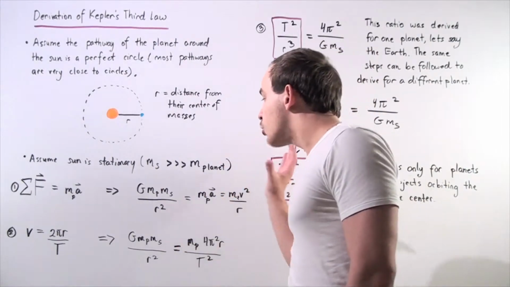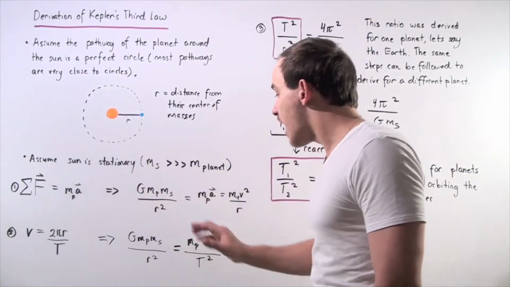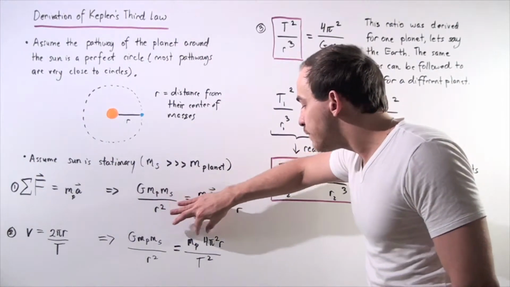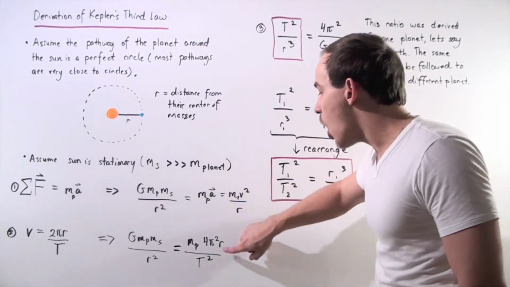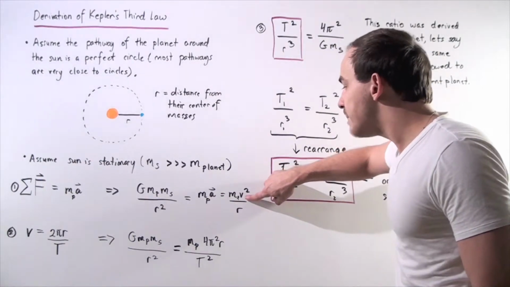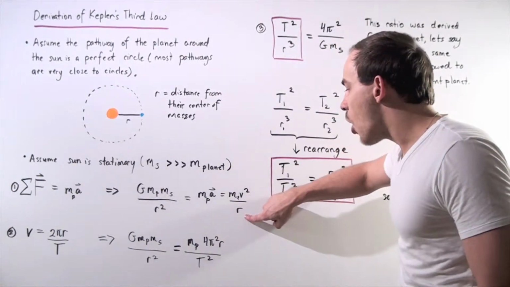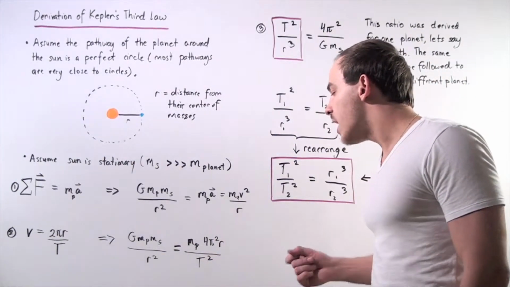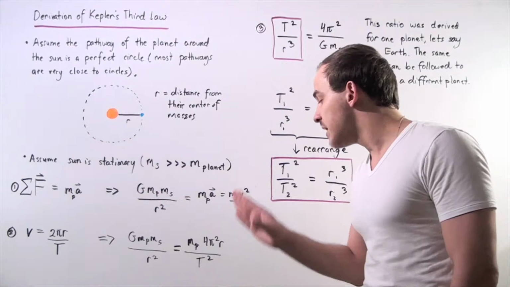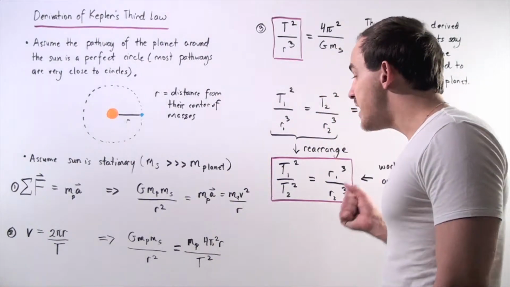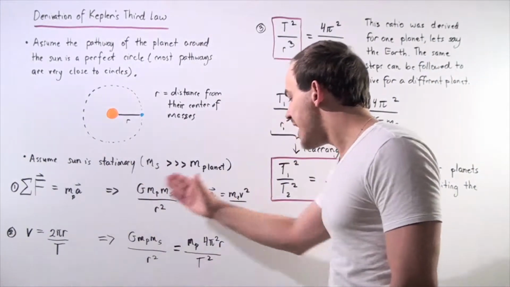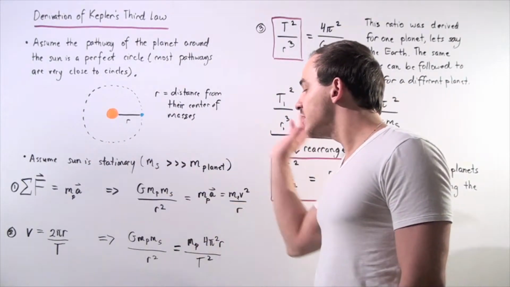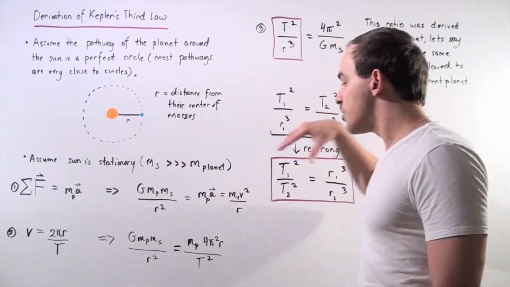We see that the left side is equal to the mass of the planet multiplied by 4 pi squared multiplied by r, because the top becomes r squared, the bottom is r, so one r cancels, and we're left with r, and the bottom becomes the period T of the planet squared. So now we can rearrange this equation by bringing the period to the left side and the r to the left side, everything else to the right side.